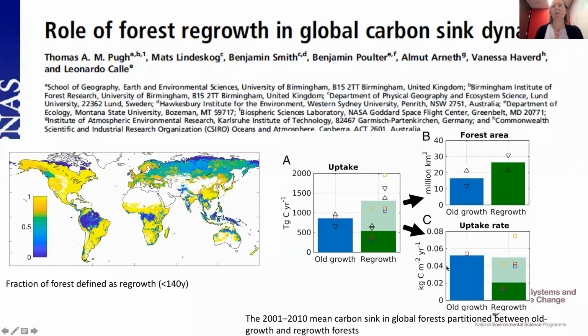But on a unit area basis, the uptake rate is very similar between old growth and regrowth forests. There's a few reasons behind that. So the green bar here is partitioned into a light green and a dark green component. The dark green component represents the regrowth sink you would have in the absence of environmental change.